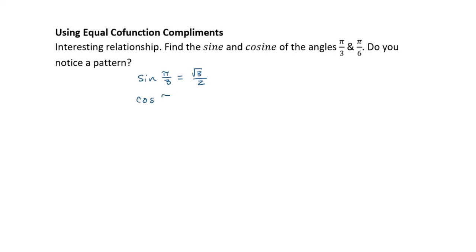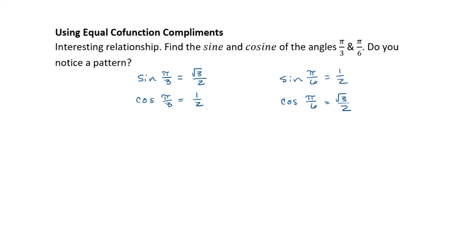The cosine of pi over 3 is 1/2, remembering this just from the unit circle. If I have the sine of pi over 6, that's 1/2, and the cosine of pi over 6 is the square root of 3 over 2.